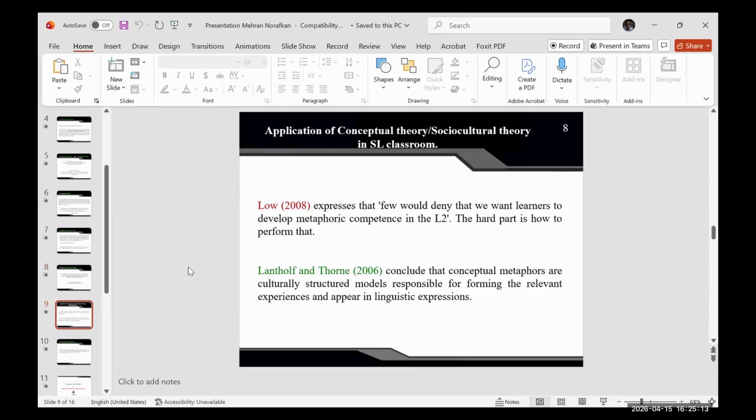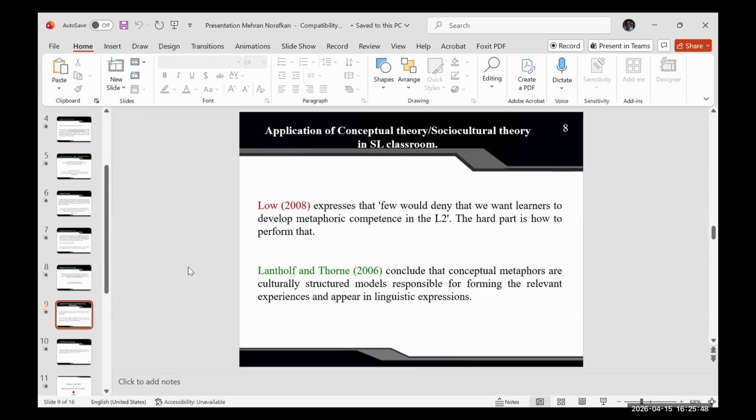In this connection, Low says that few would deny that we want learners to develop metaphoric competence in the L2. The hard part is the question of how to do that. Also, Lantolf and Thorne conclude that conceptual metaphors are culturally structured models responsible for forming the relevant experiences and appear in linguistic expressions.